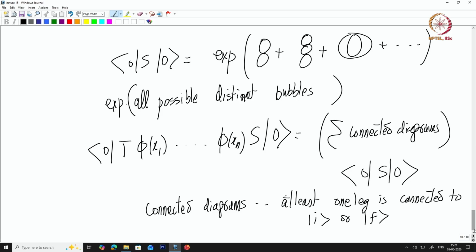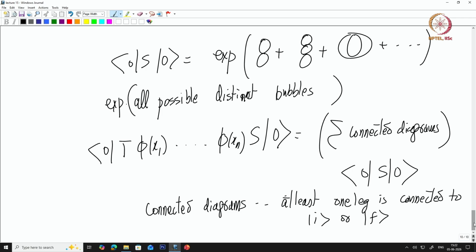So you end up having disconnected diagrams. We have seen examples of disconnected diagrams. When you are calculating S matrix elements, we only need to worry about connected diagrams, and that is the reason why only those diagrams will play a role in the cross sections or amplitudes or the Green's function calculations, and all these things will just cancel off.